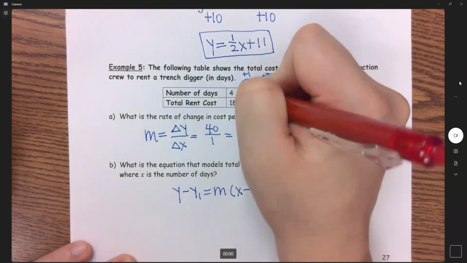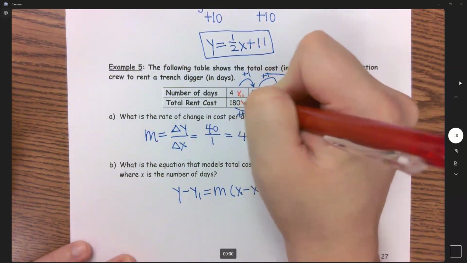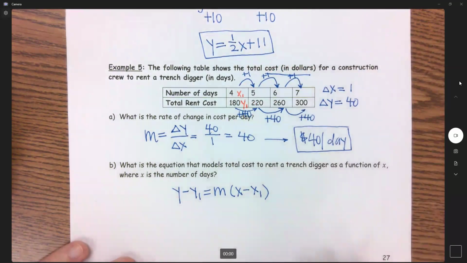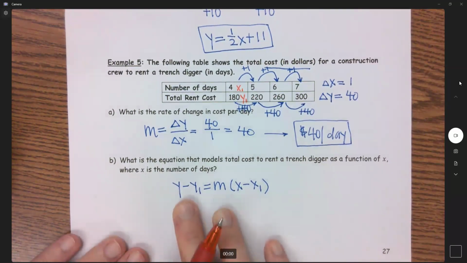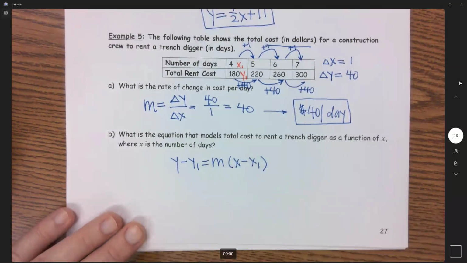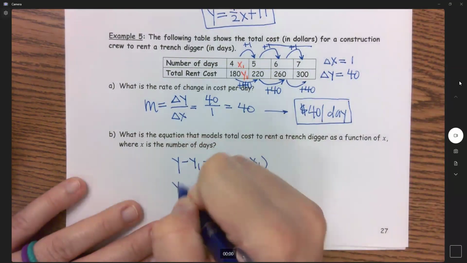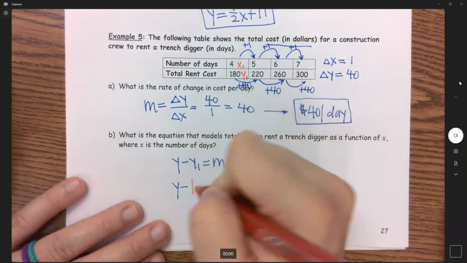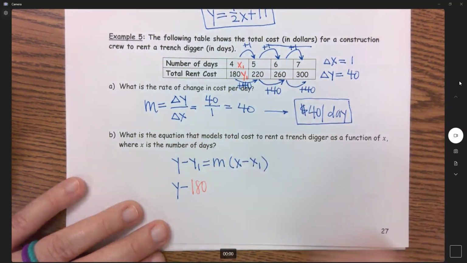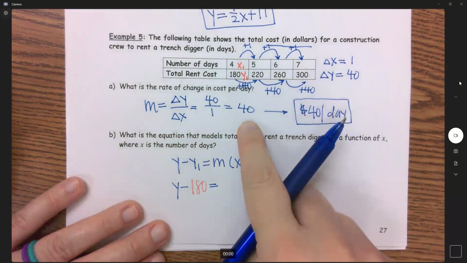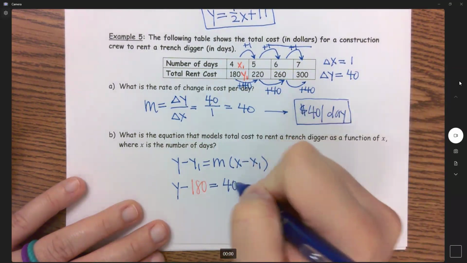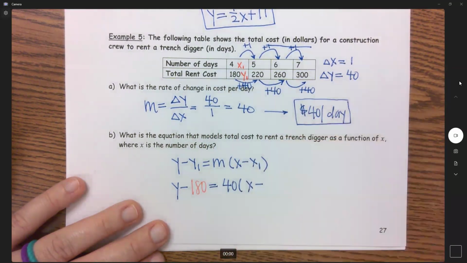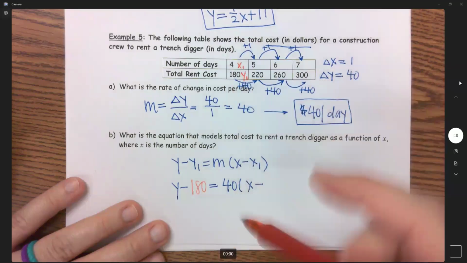So this is my x1, and this is my y1. So let's put those in for our x1, y1 here. So I have y minus, my y1 is 180, equals my slope of 40 times x minus x1, which is 4.